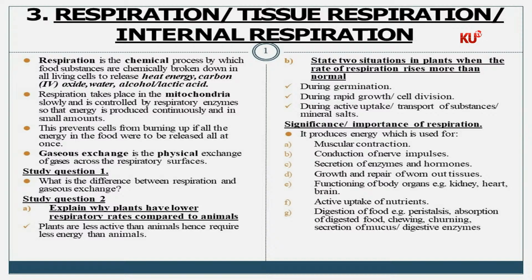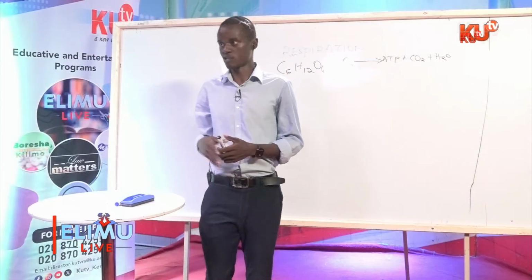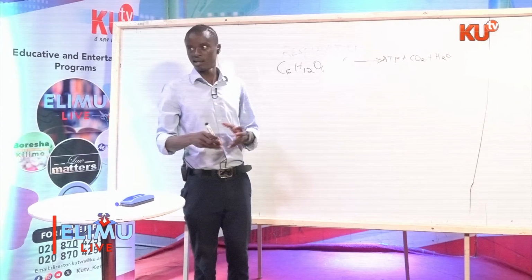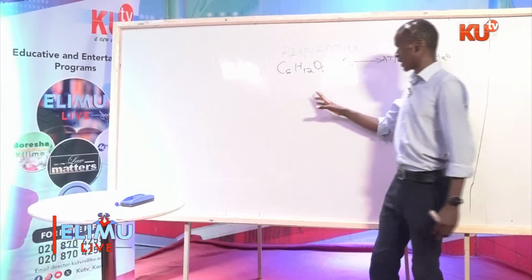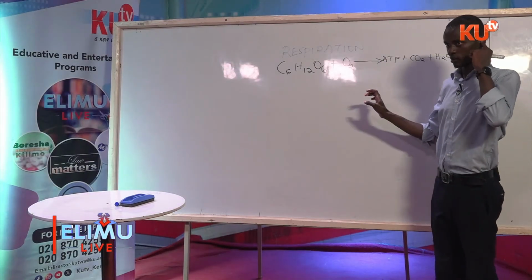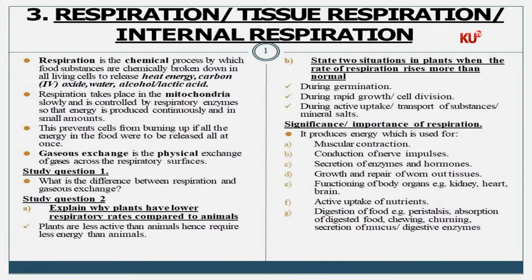Now, from this equation, it is very clear that when you take in any substrate, that is energy-rich food substance, the food will be broken down in presence of oxygen to get energy, carbon dioxide, and water.